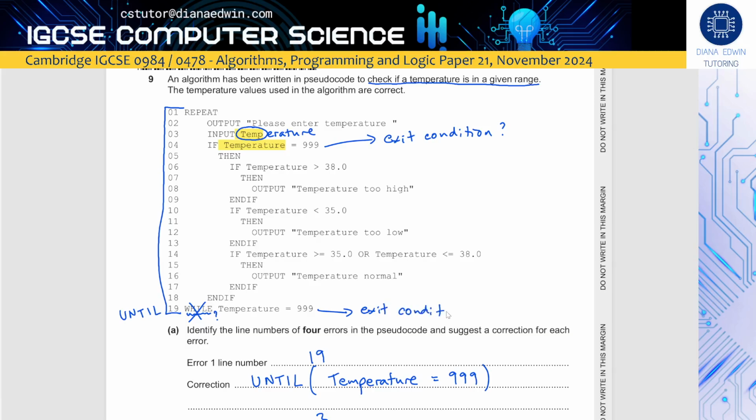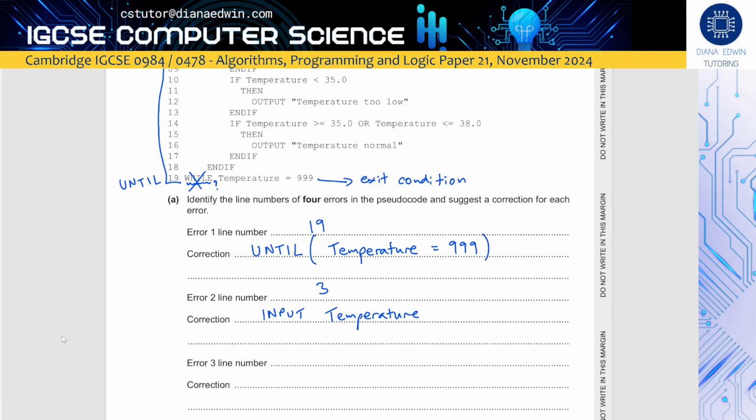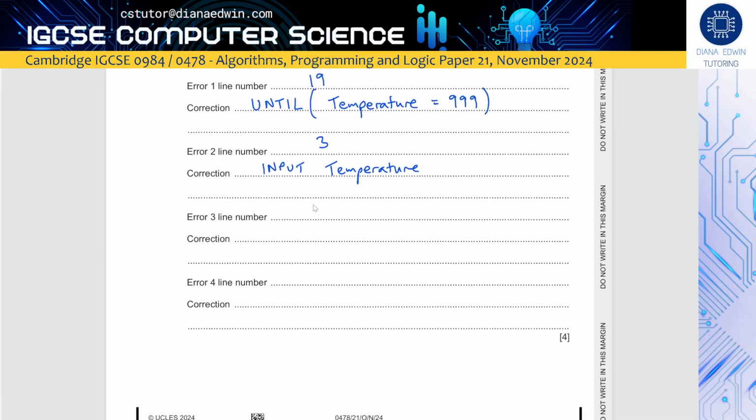So do we want to check for our exit condition inside the loop? No, we don't. We want to make sure that this is not equal to 999. So this is wrong. We've got an error on line 4, and I'm going to have to bring it down here. An error on line 4.